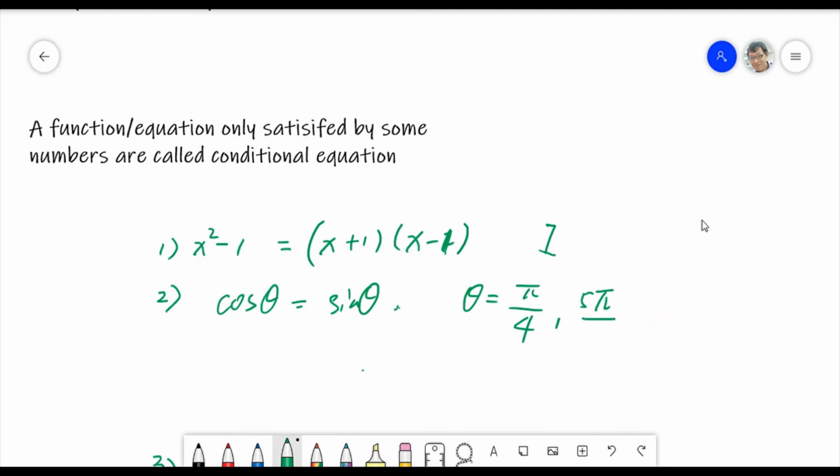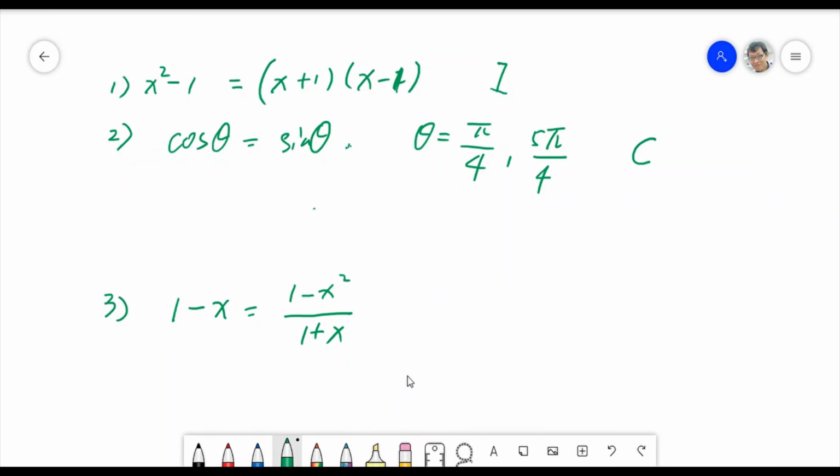They're also the same. Or those including plus 2 pi or 4 pi or some multiples of 2 pi, because as we talked about, they have the same end on the unit circle, so they are the same. Okay. So this definitely is conditional. Number 2, right? How about number 3?